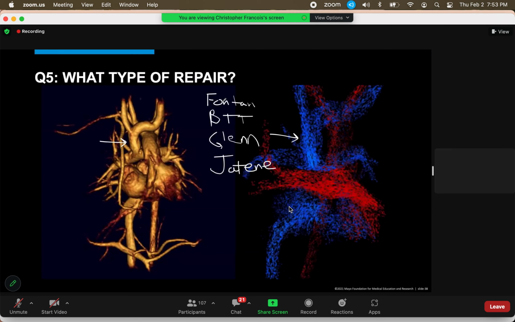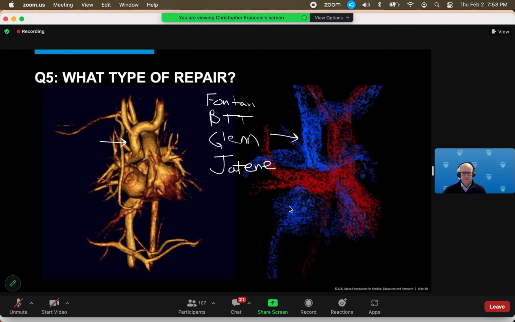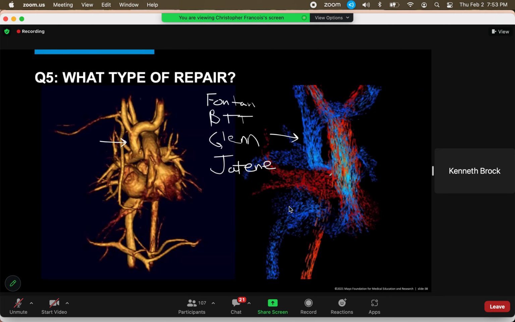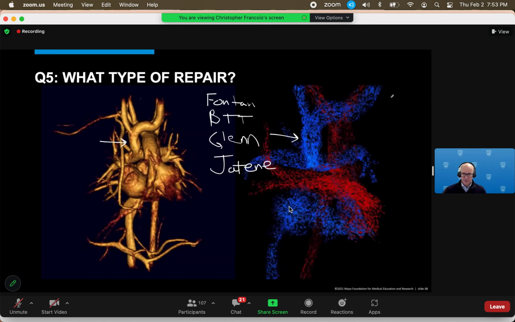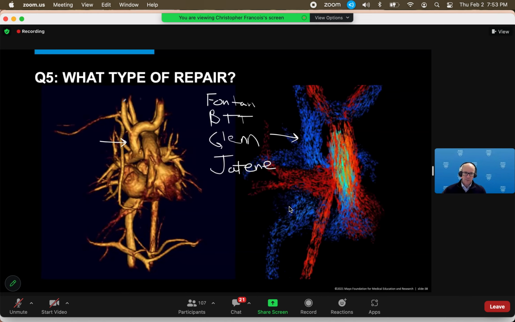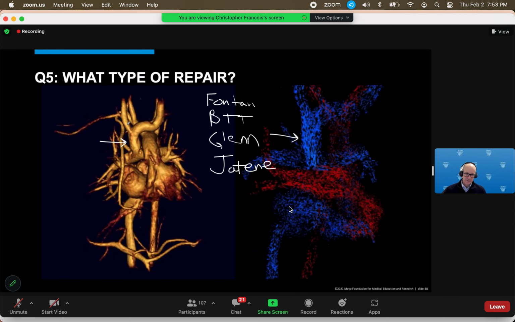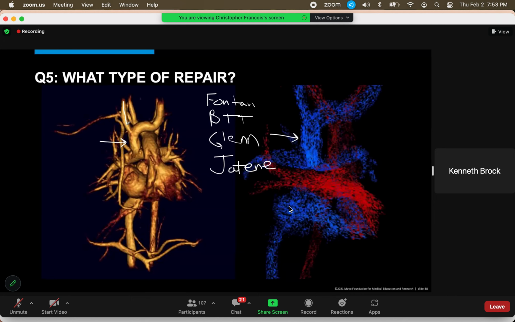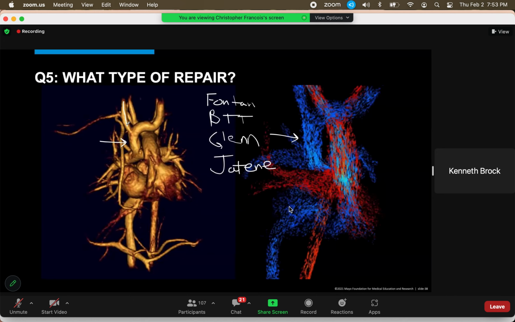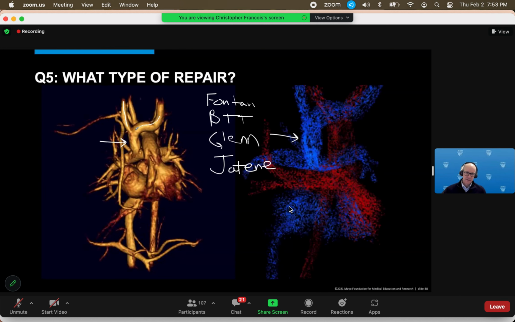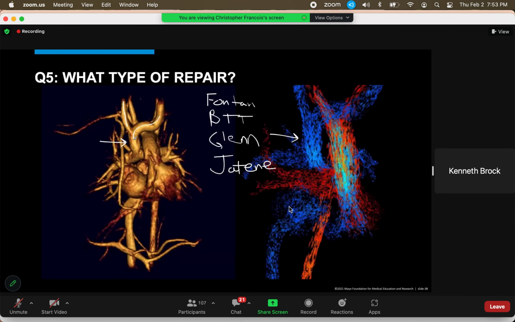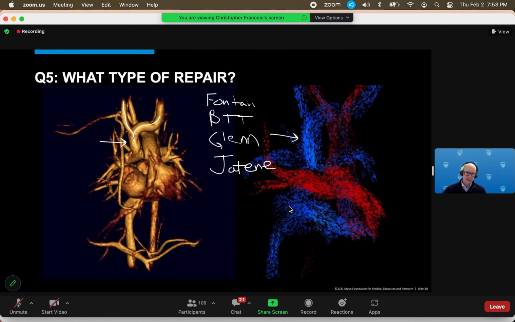It looks like it's connected to pulmonary veins, if I had to guess. So which vessel is this right here? That looks like the right innominate. Yes, exactly. And then over here, which vessel is that? Left innominate. Yeah. And then when they come together.